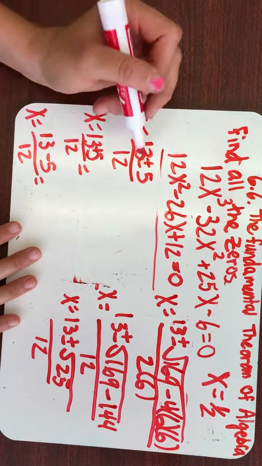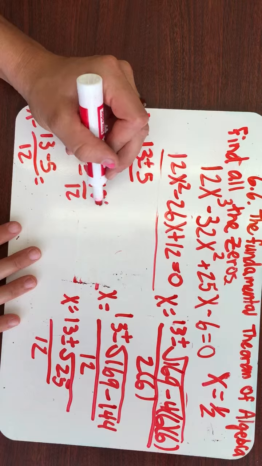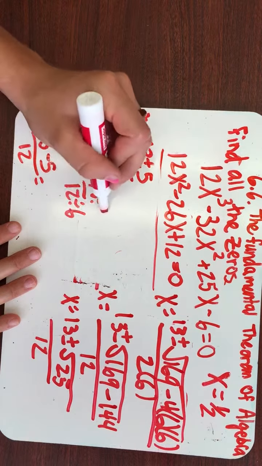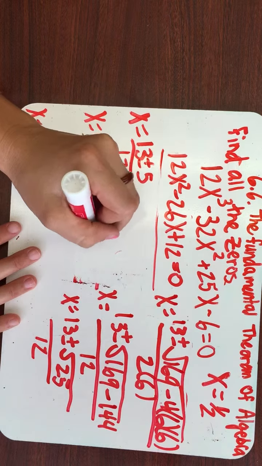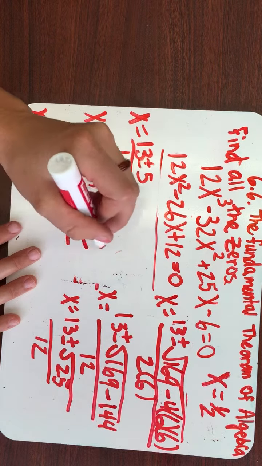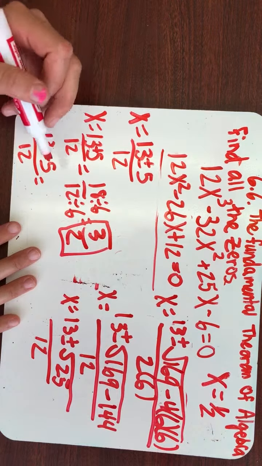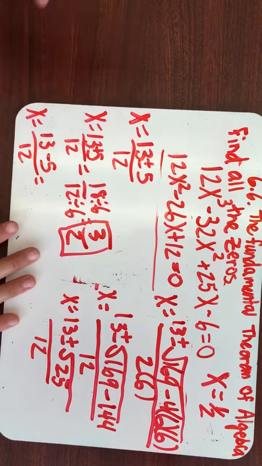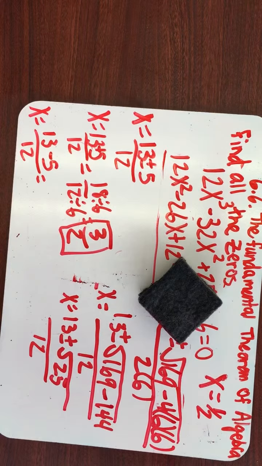So 13 plus 5 is an 18 over 12, and then we can divide out a 6 from both of these. So 18 divided by 6 is a 3. 12 divided by 6 is a 2. So that's one of our answers. 13 minus a 5. Oops. We'll subtract that.